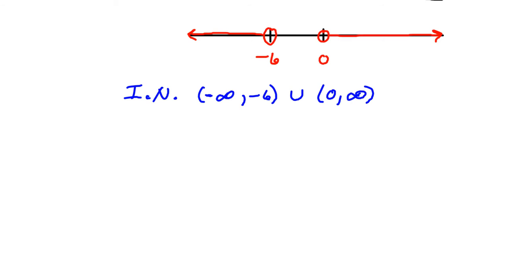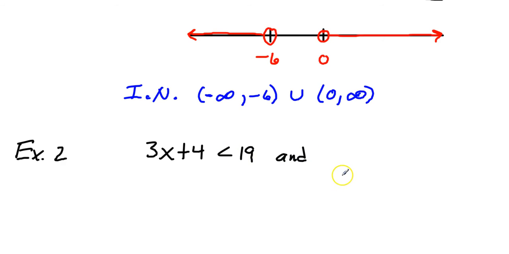Okay, for the AND statement. Go 3x plus 4 less than 19 and 4x minus 5 greater than negative 25.